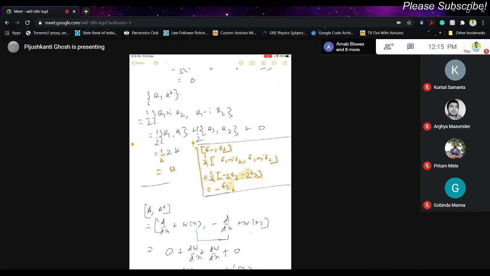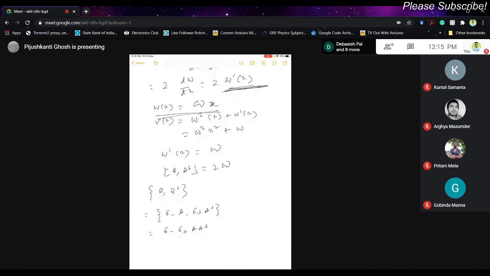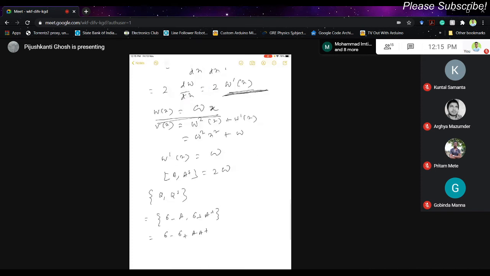In this anti-commutator of Q and Q dagger, you have to keep in mind that the ordering of the sigma minus and sigma plus matters: in the first term sigma plus is on the left, and for the second term sigma minus will be on the right-hand side of sigma plus. Similarly, the relation of A and A dagger is not equal to 0; again, for the first term A is on the left of A dagger.